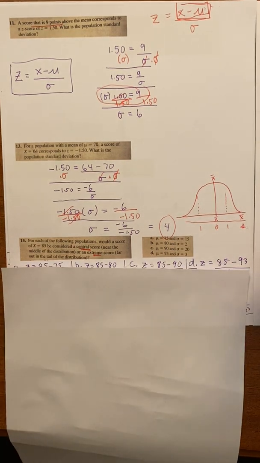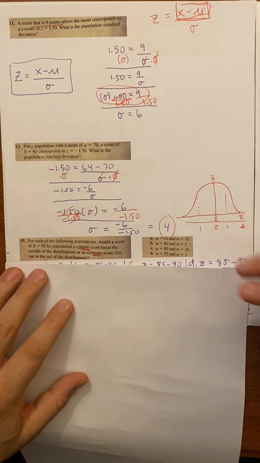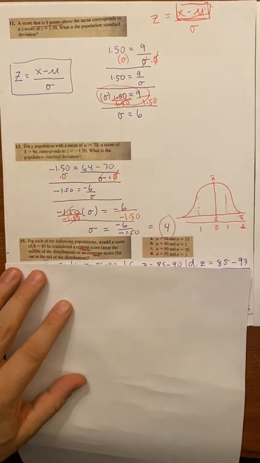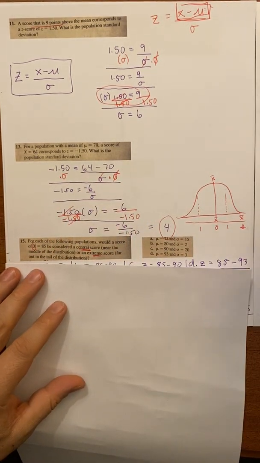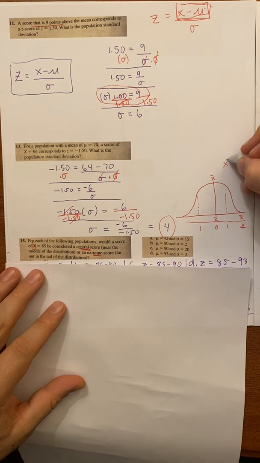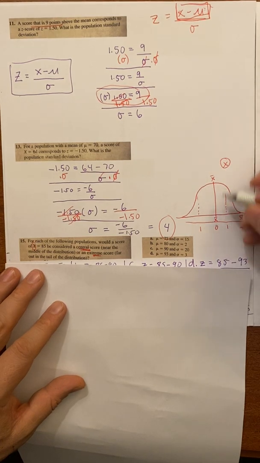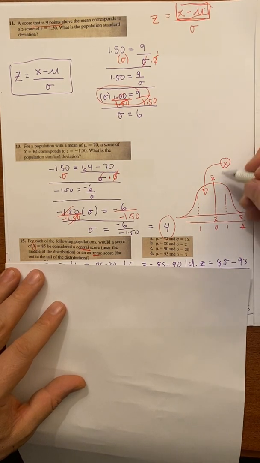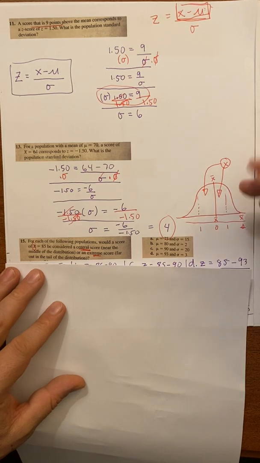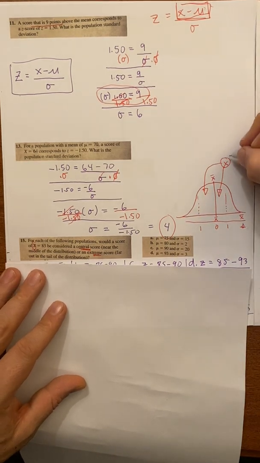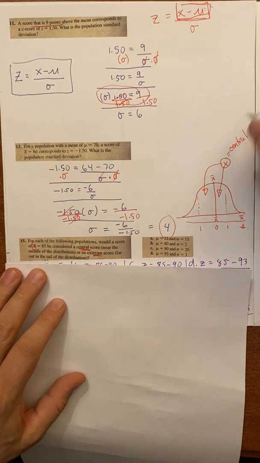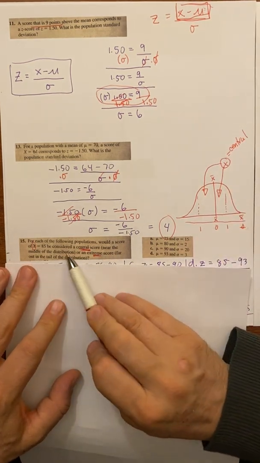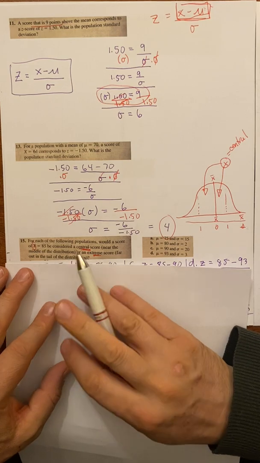Okay, so here's what they mean by whether an x score is central or extreme. If the x value is found somewhere between the 0 and the 1, right? Either here or here, then that's saying that that x value is central. Why central? Because it's near the middle of the distribution.